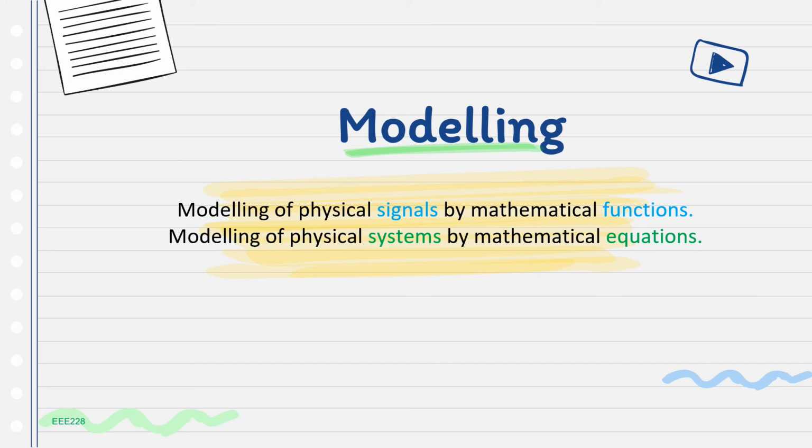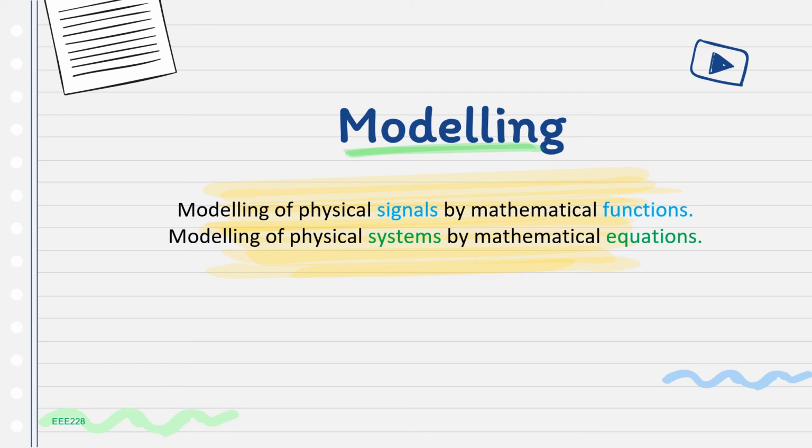So what is it that we will be doing in this course? In this course, we will try to model physical signals using mathematical functions, and we will try to model physical systems by using mathematical equations.